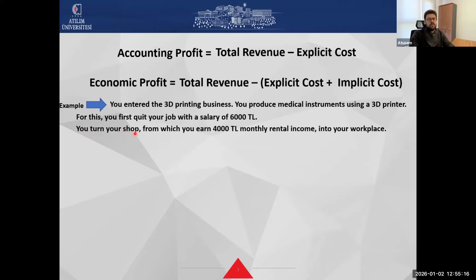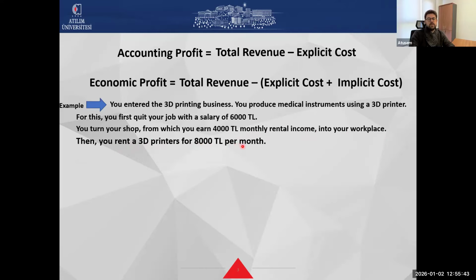You turn your shop, from which you earn 4,000 Turkish lira monthly rental income, into the workplace. That means for opening that place, we give up our rental income. Again, we give up something. So this is also implicit cost. Then you rent 3D printers for 8,000 Turkish lira per month.